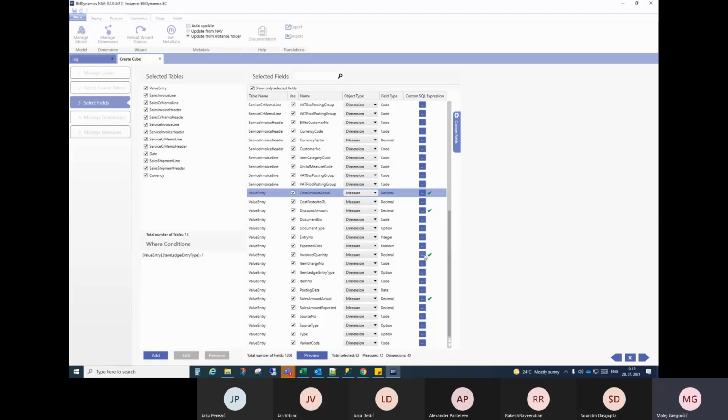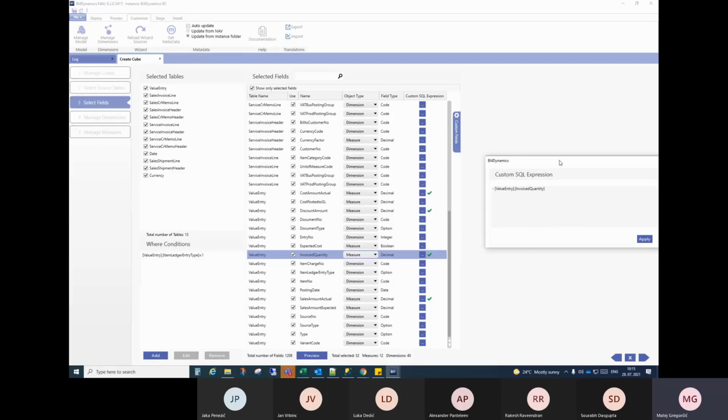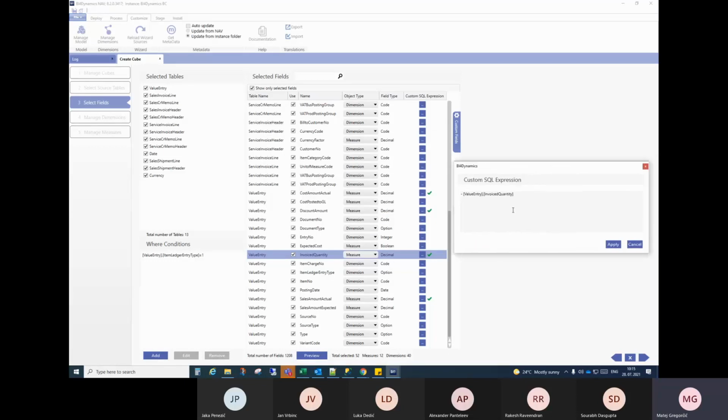Let's have a look at another example. Invoice quantity: another opposite sign here, the same measure but with the opposite sign. So why do we use an opposite sign here? A lot of measures in Navision actually go into negative numbers. Invoice quantity, when you post an invoice, will be -1, -2 if you invoice 1 item or 2 items.